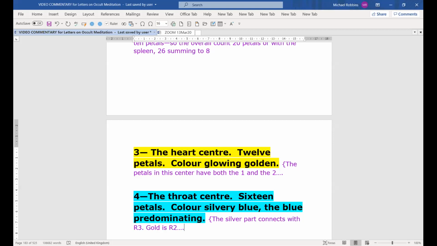When I say generically, I mean, symbolically, the personality is third ray. Symbolically, the soul is the second ray. And I'm also saying that silver is a third ray color.